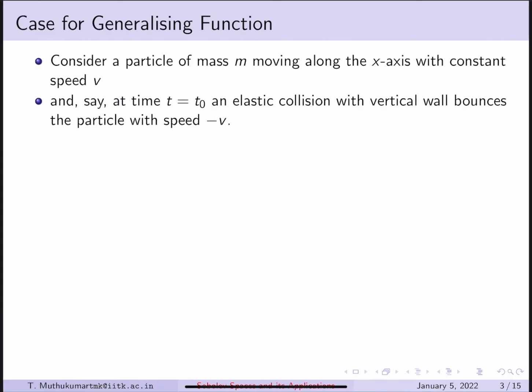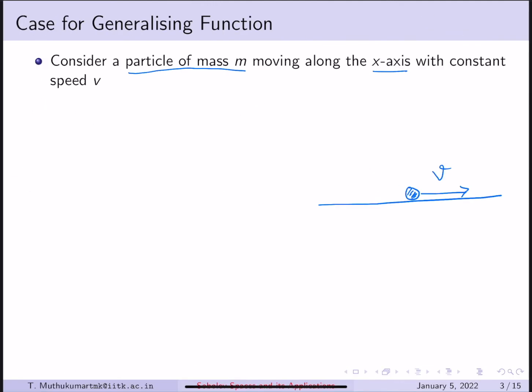Now if it's doing that, then at time t equal to t0, it has a collision with a vertical wall. So there's a particle which is moving with velocity v. There is a wall, and it hits this wall at time t0.